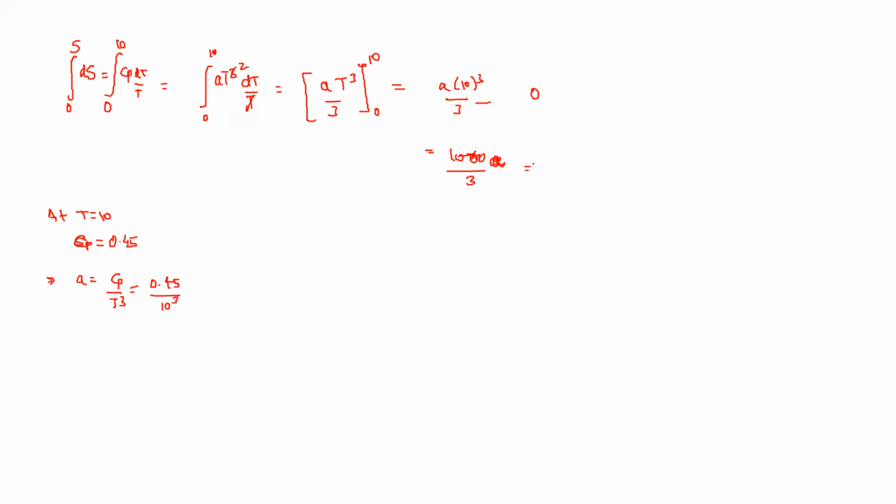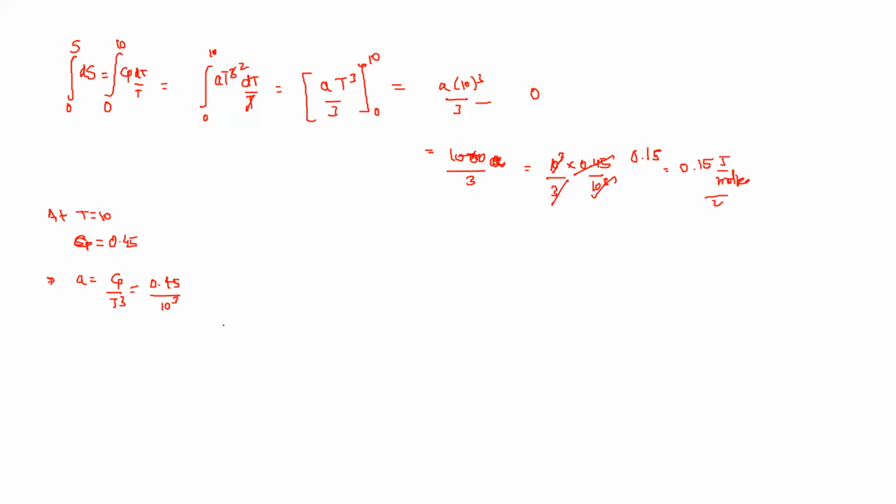So we'll put that value over here. We'll get 10 to the power 3 into 0.45 upon 3, and over here upon 10 to the power 3. So that's going to be 0.15 joule per mole Kelvin.